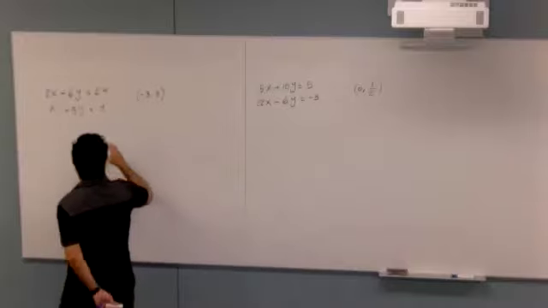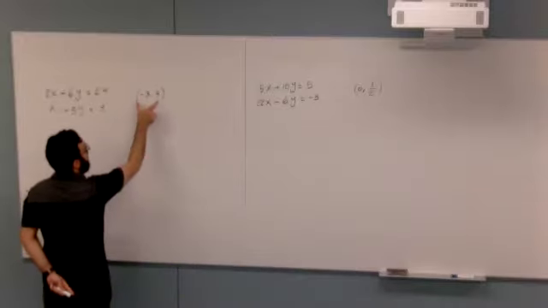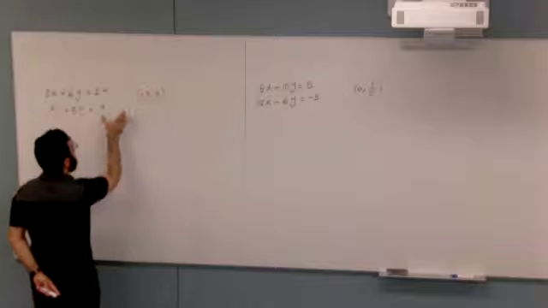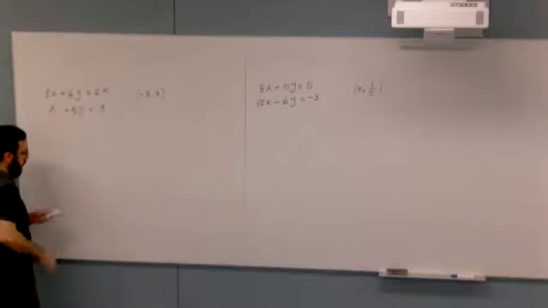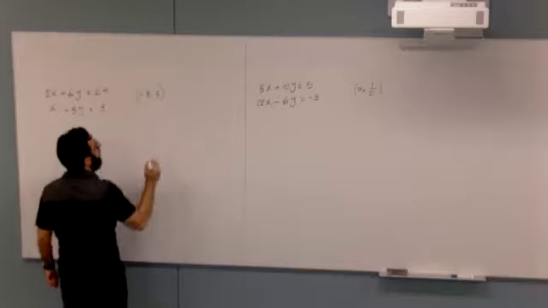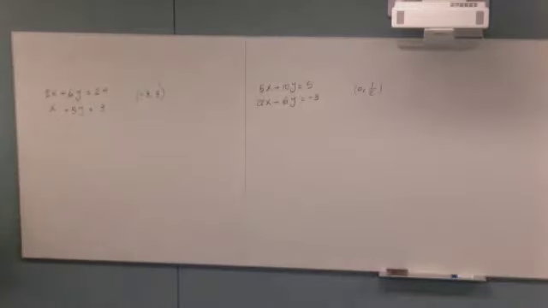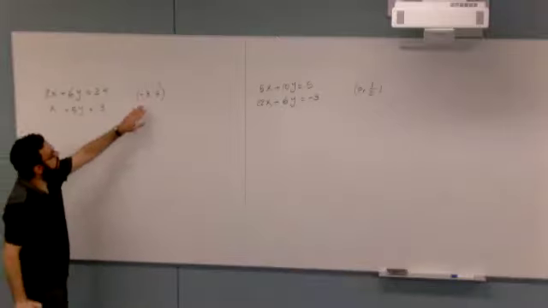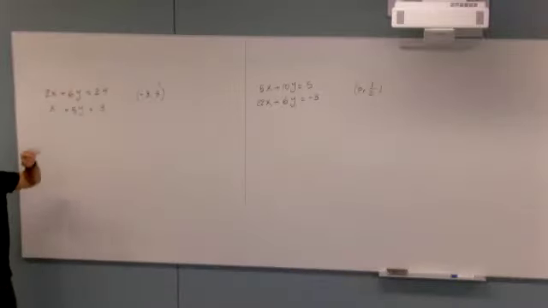First thing, how to check if a point is a solution for the system. We already know that this is the value of x and this is the value of y. So to check this one is a solution for the system, it should satisfy both equations.